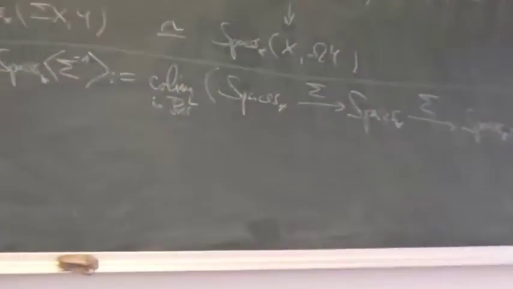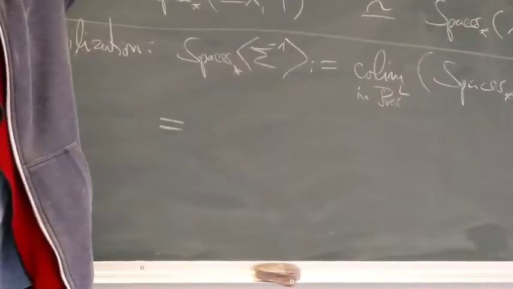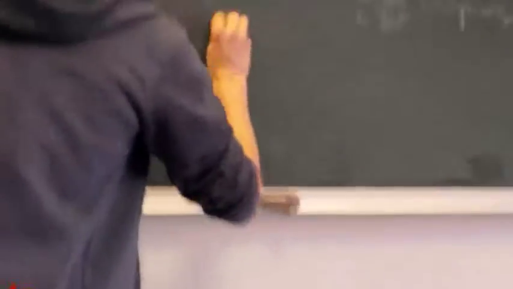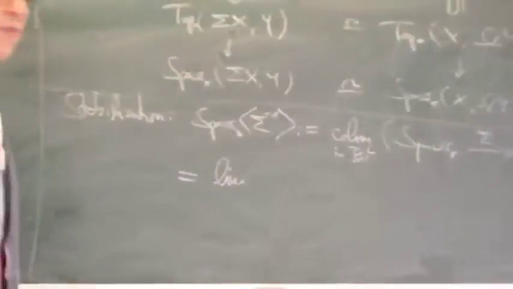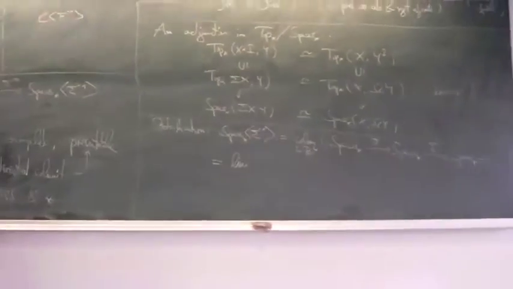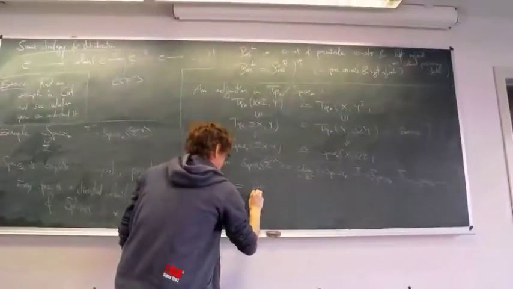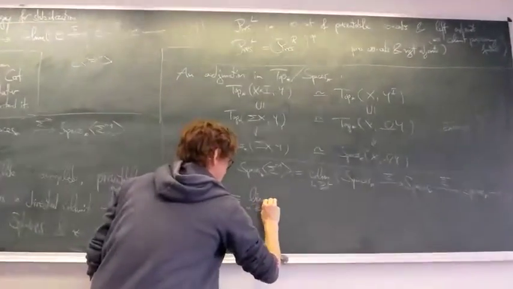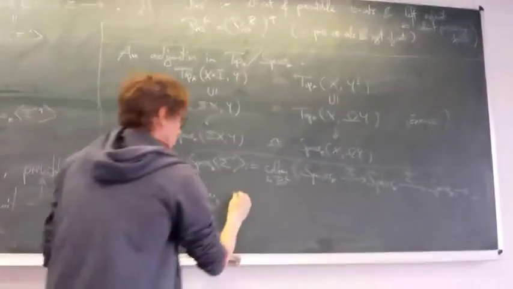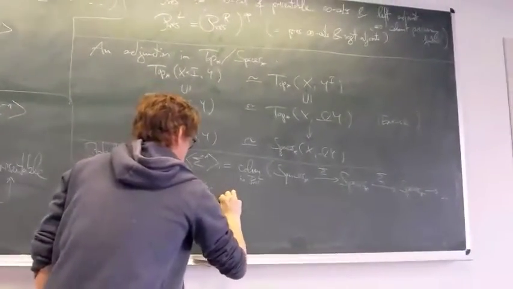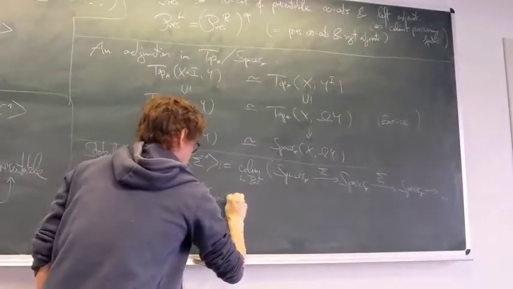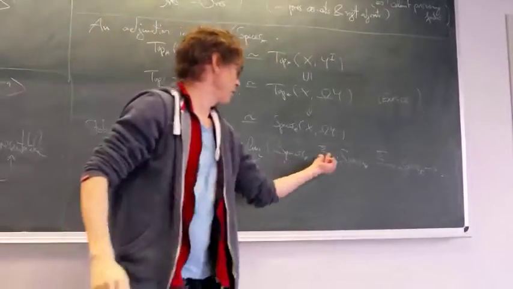Okay, but presentable categories and left adjoints are the opposite category of presentable categories and right adjoints. And we can just take the limit in there. A colimit in the category is the same as a limit in the opposite category. Yet another standard fact which goes through. And now I have to put at every place here the adjoint.